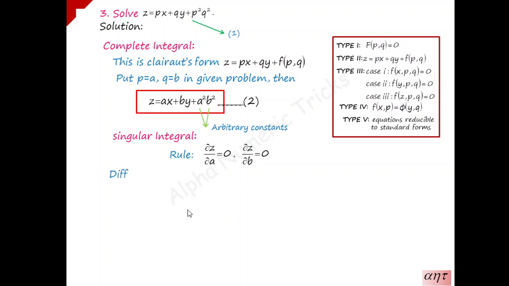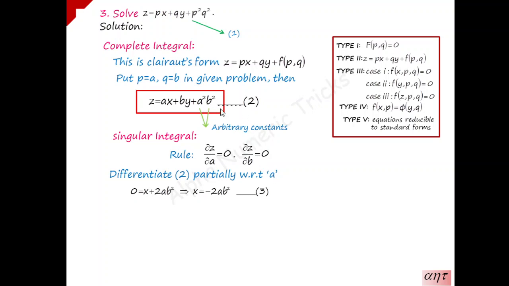Now differentiate this complete integral partially with respect to a. Dou z by dou a, equated to 0, is equal to the differentiation of ax with respect to a, which becomes x, plus the differentiation of by with respect to a, which becomes 0 because by is constant, plus the differentiation of a squared b squared with respect to a.